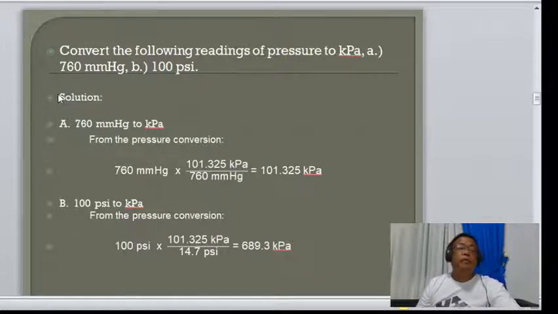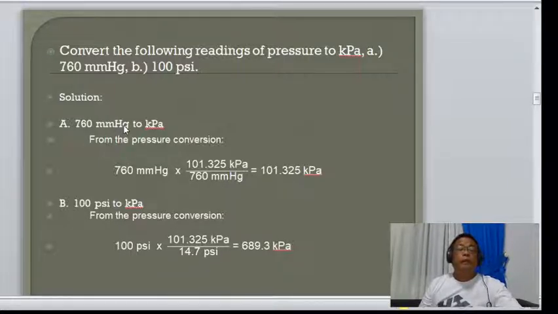From the pressure conversion in the previous slides, we will notice that 760 millimeter of mercury is equivalent to 101.325 kilopascal. That is atmospheric pressure.